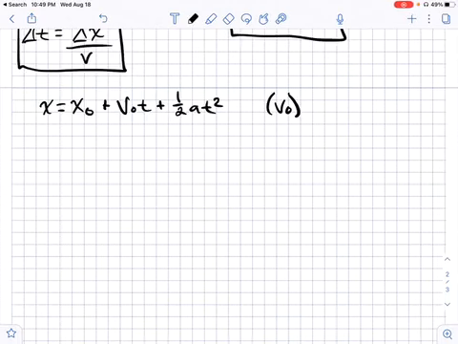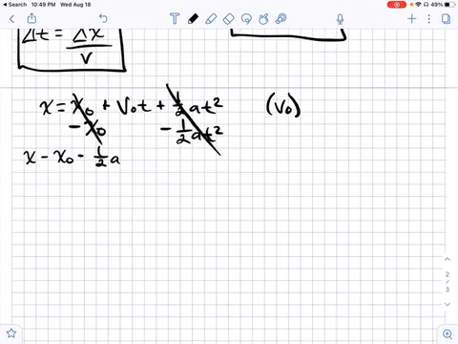So we're going to subtract x naught, and we're going to subtract 1/2 at squared, and we have to do that to both sides. So that will cancel all that out. Let's rewrite it. I kind of ran out of room on the left. It'll be x minus x naught minus 1/2 at squared equals, all we have left on the right side is v naught t.